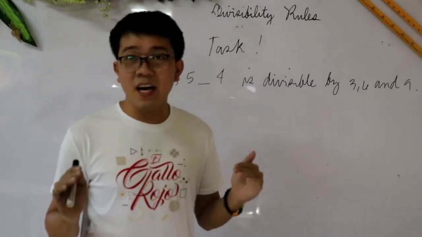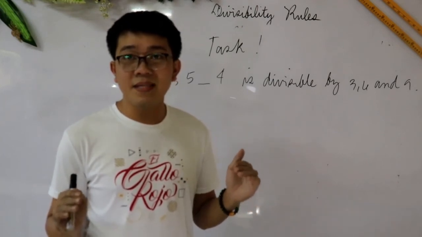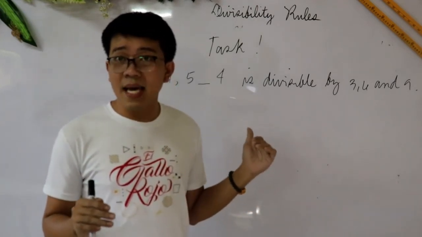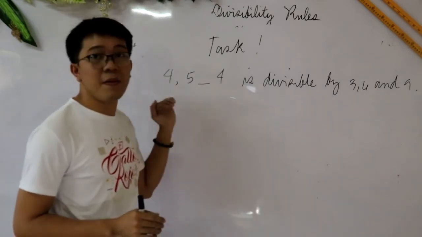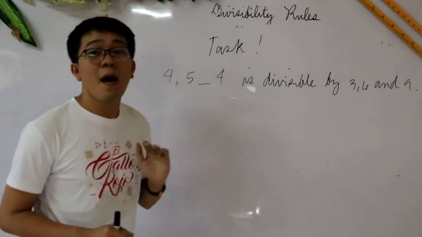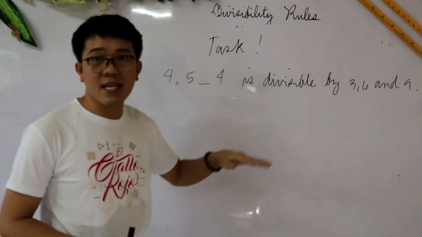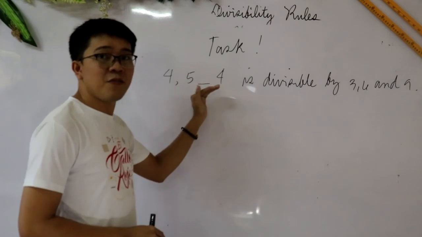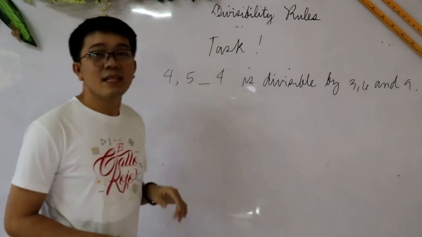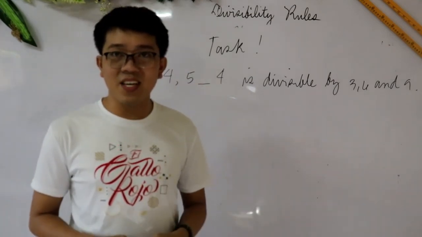The statement is, 4,500 blank 4 is divisible by all 3, 6, and 9. What do you think is the missing digit?